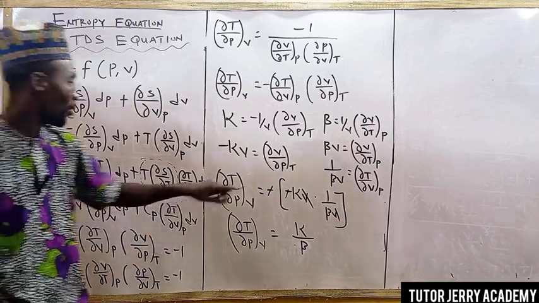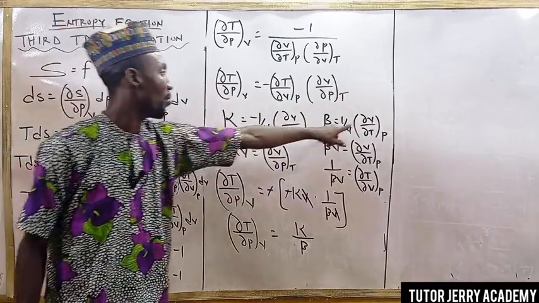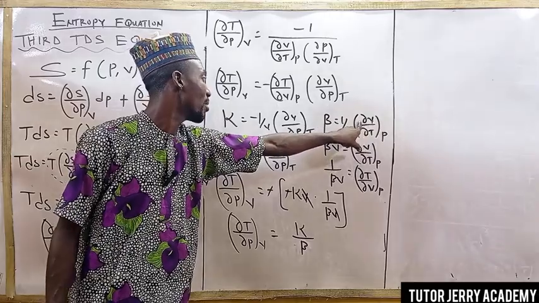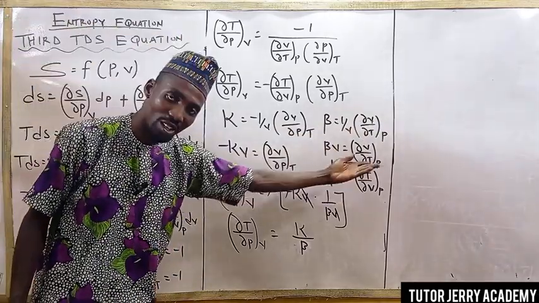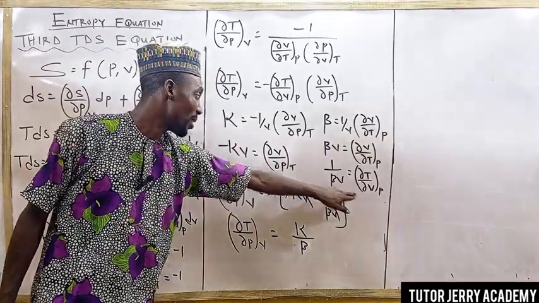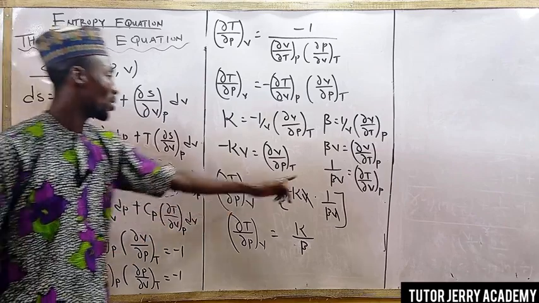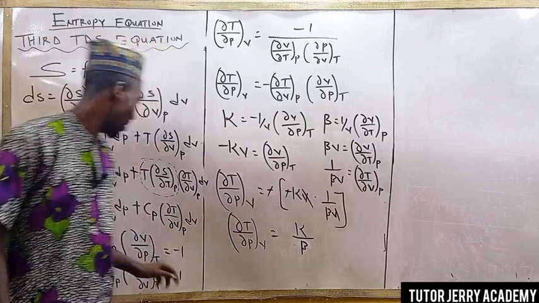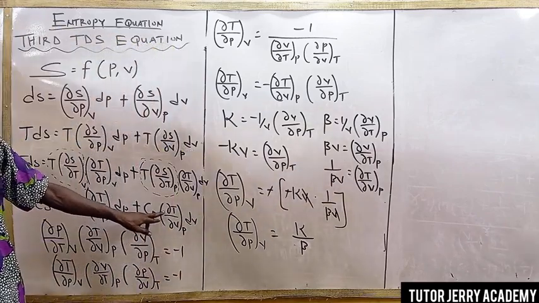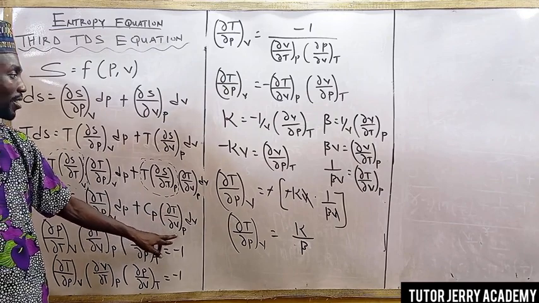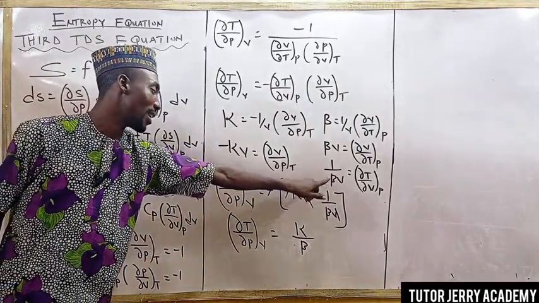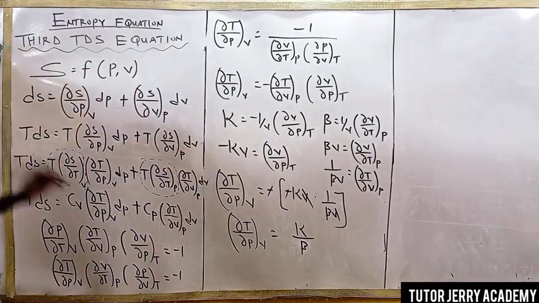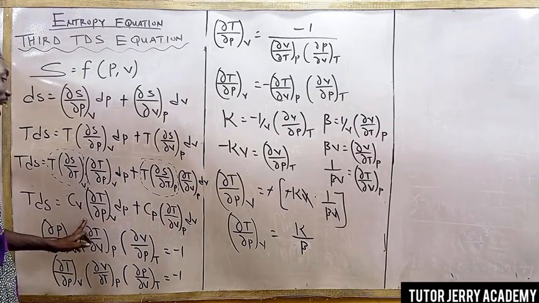We've already made the subject of formula here as well, which is 1 all over beta V. So the partial derivative of T all over the partial derivative of V, keeping P constant, is already 1 all over beta V. All right, so we are going to substitute for these two parameters that we have here.